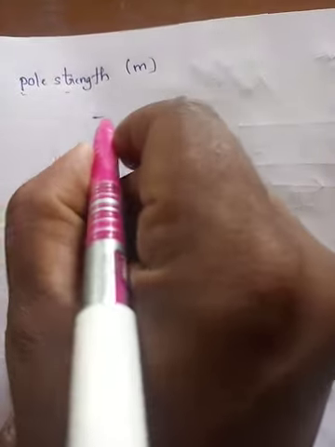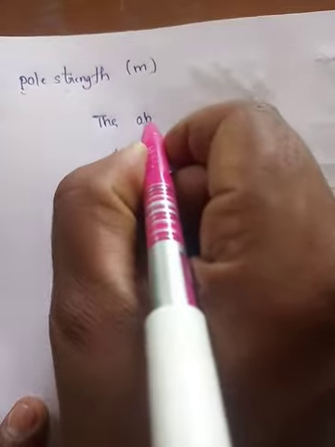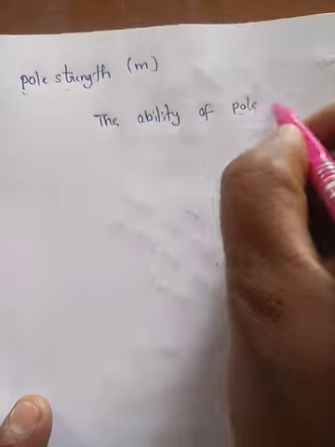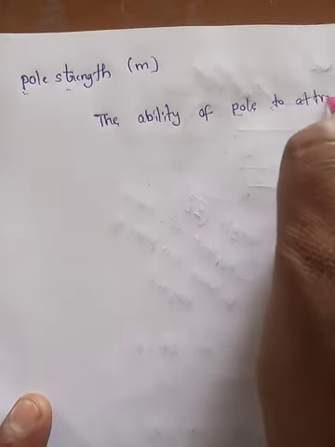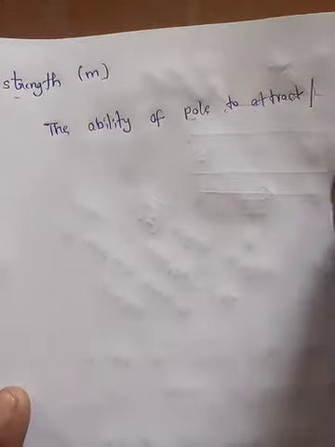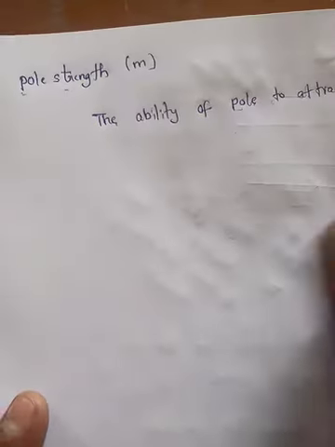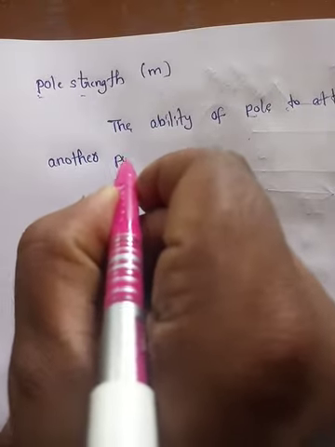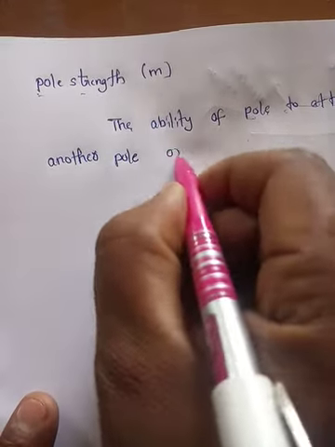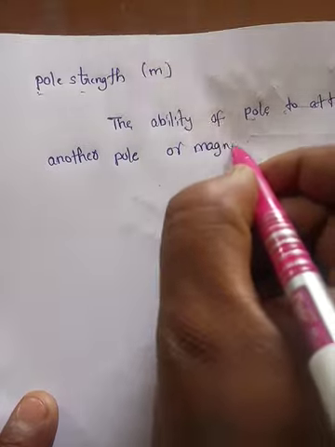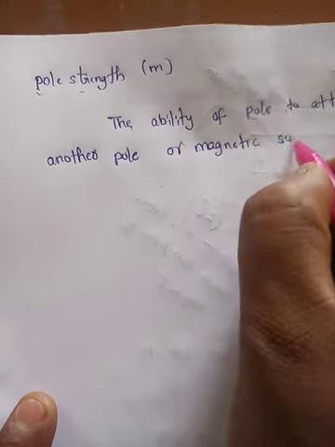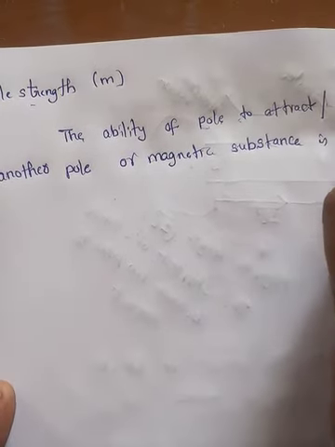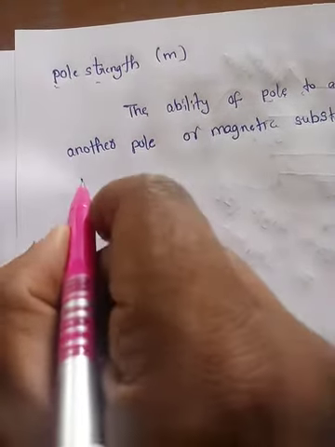So, pole strength is what? The ability of a pole to attract or repel another pole or magnetic substance is called what?